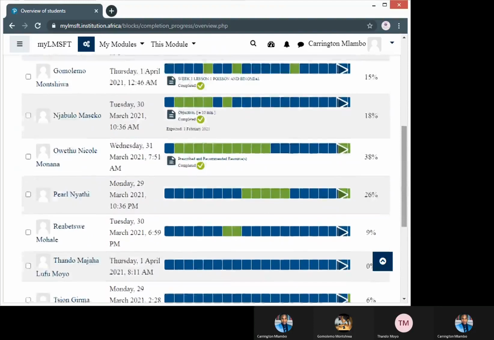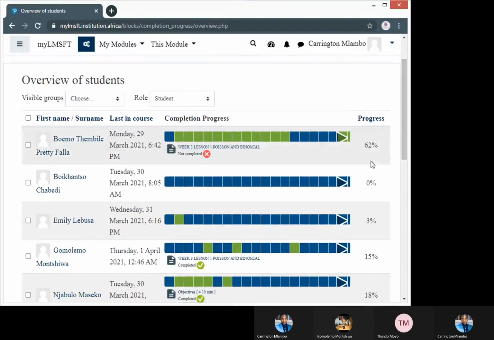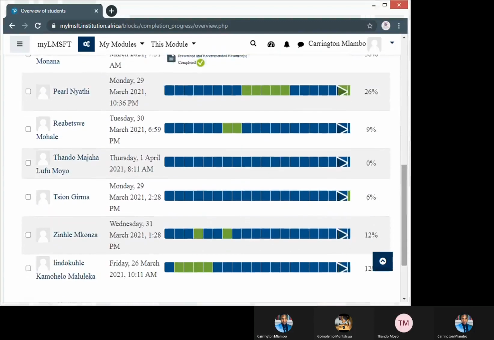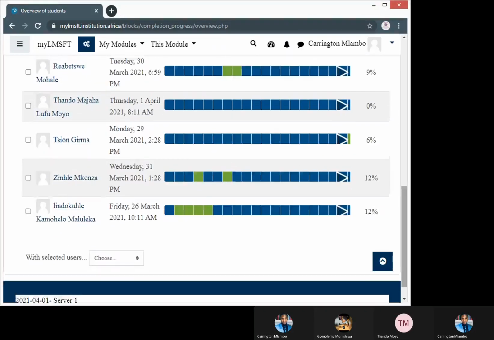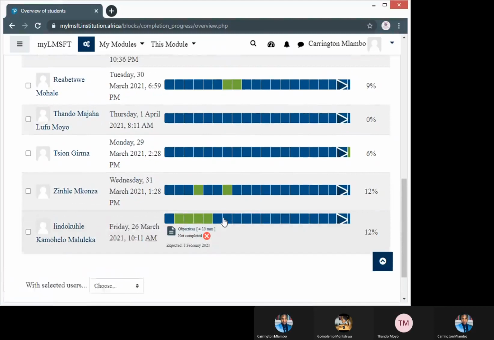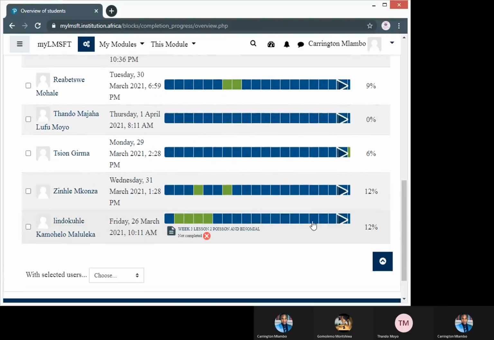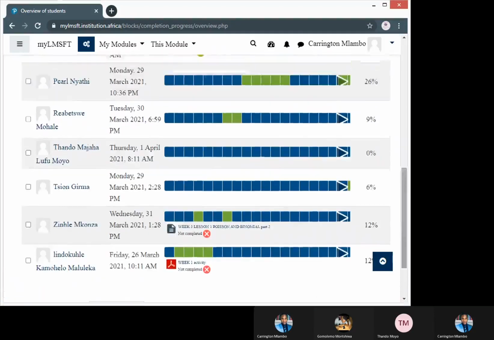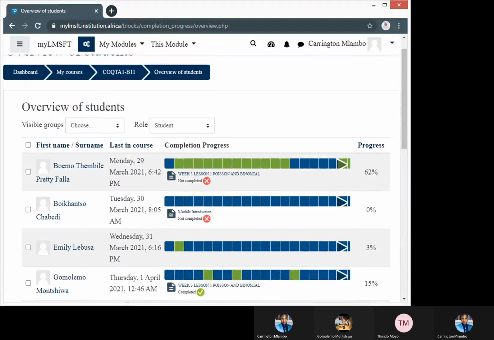It tells me who is doing what. This one, 60% of the work; this one, nothing yet done on my LMS. It tells me the percentage of what is really happening. So I can track and see who is really doing what. And it shows that this was watched or not. You see all this, not opened, right? So don't just sit there. I'm able to see what is happening, right?